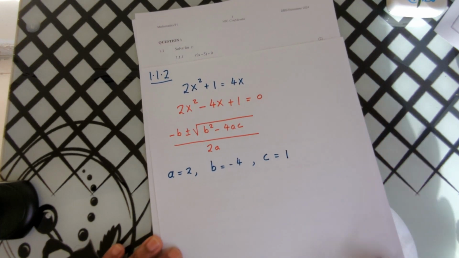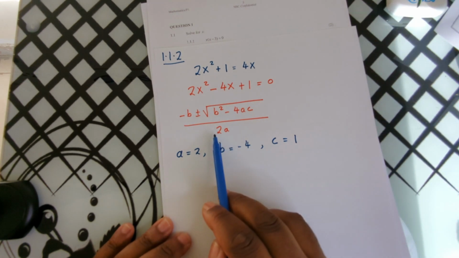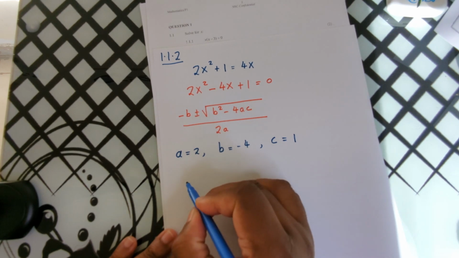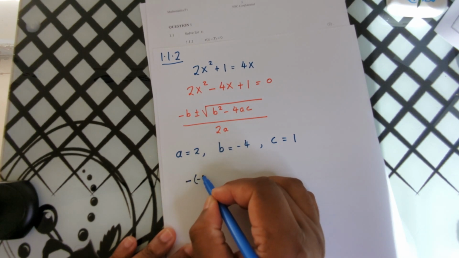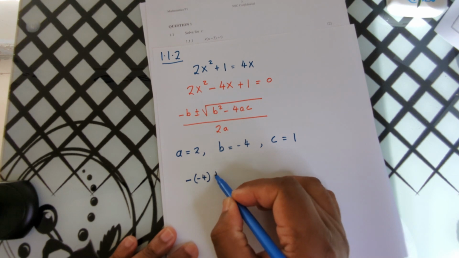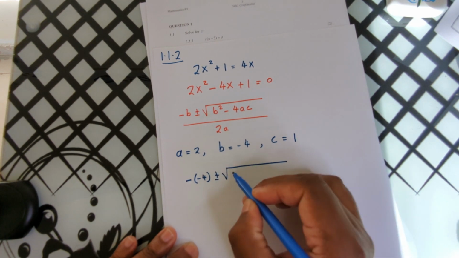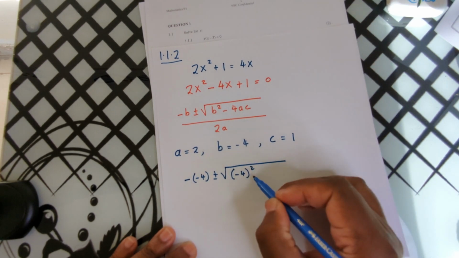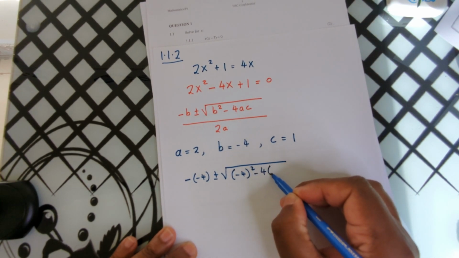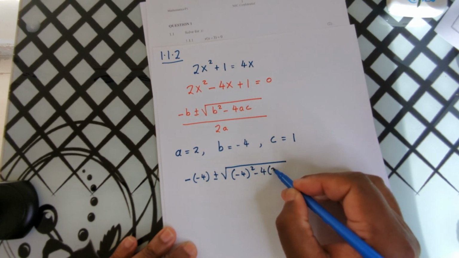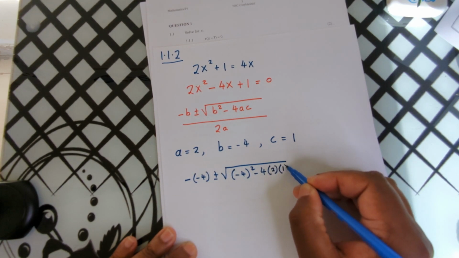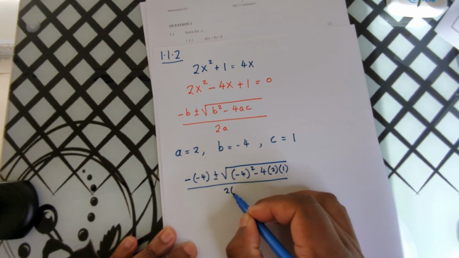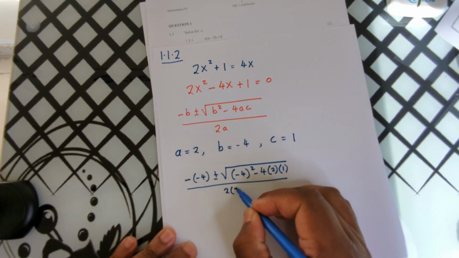Now let's substitute these values into our quadratic formula. Our b is already negative, so it's going to be minus negative 4 plus or minus the square root of b, which is negative 4 to the power 2, minus 4ac. Our a is 2 multiplied by c, which is 1, and everything being divided by 2a, and our a is positive 2.